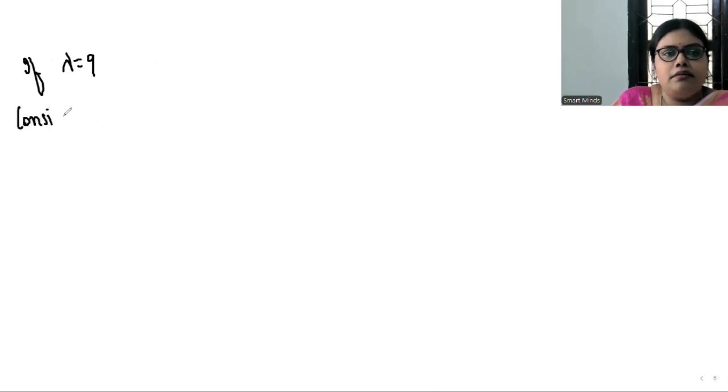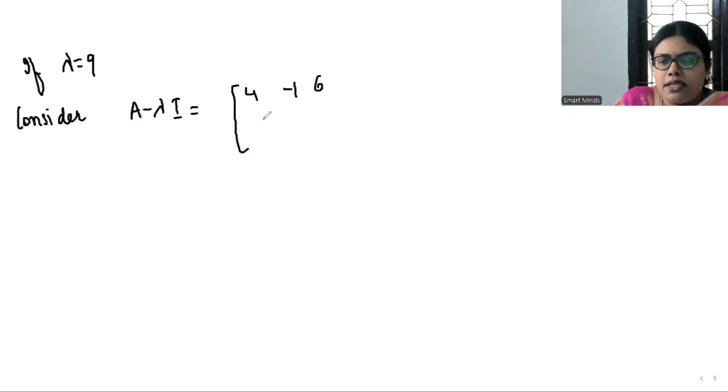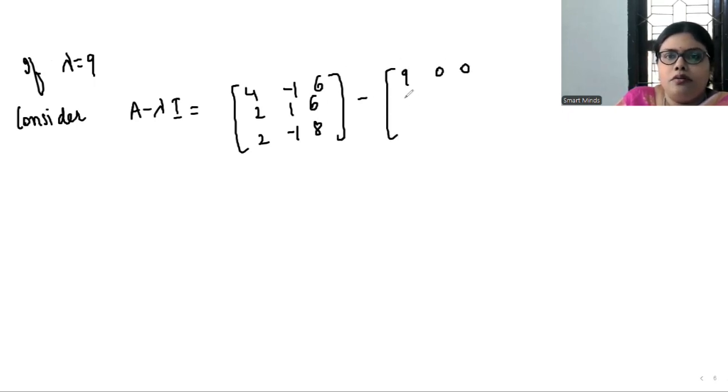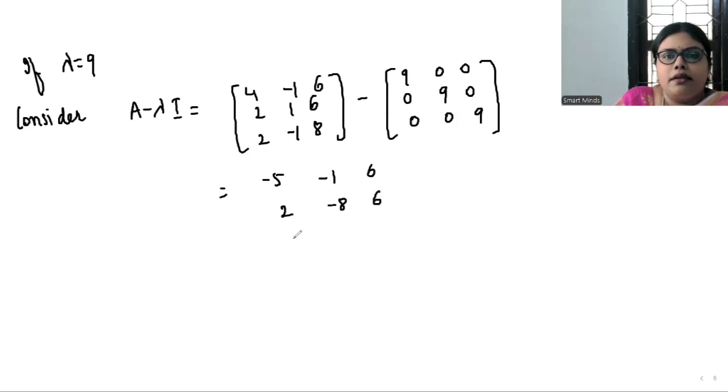So consider A minus lambda I. What is A minus lambda I when lambda is equal to 9? [4, -1, 6], [2, 1, 6], [2, -1, 8] minus 9 times the identity, so that is [4 minus 9 is -5, -1, 6], [2, 1 minus 9 is -8, 6], [2, -1, 8 minus 9 is -1].